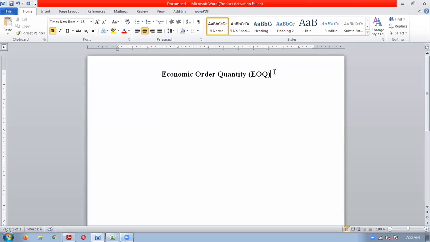So today we will be solving more practical illustrations on EOQ. Everybody note down this question first, then we will start.